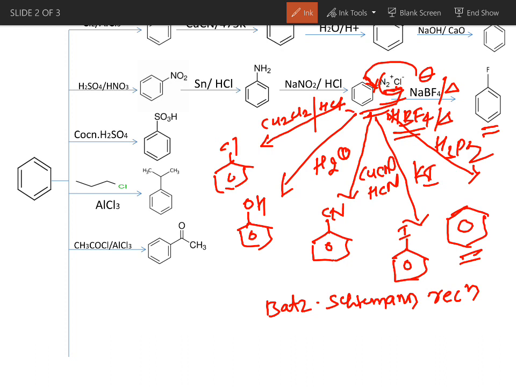Where benzene diazonium chloride is converted into chlorobenzene by using cuprous chloride and hydrochloric acid, this reaction is called Sandmeyer reaction.